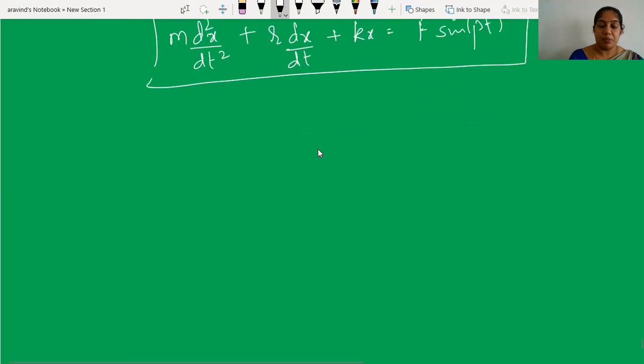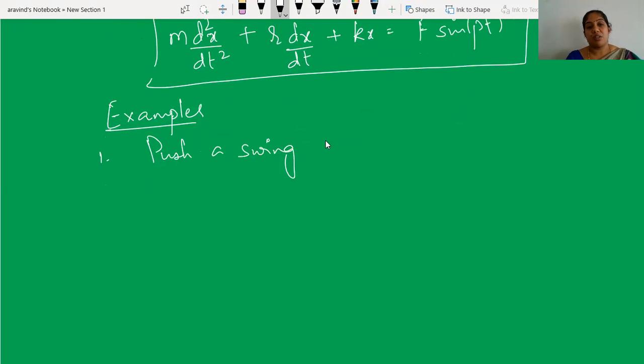Now, what are the examples for this forced oscillations? As the name suggests, oscillations under the influence of external force. So, what good example we can give? The first one, suppose you push a swing with some applied force, you make the swing oscillate.